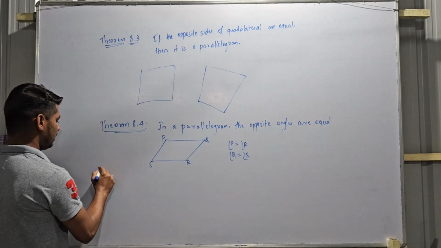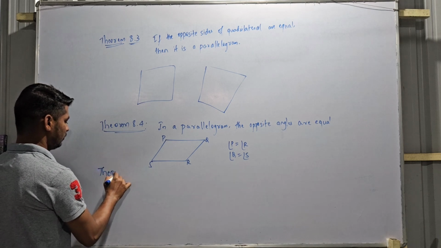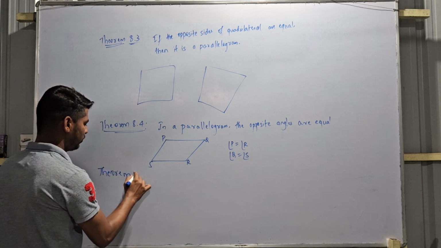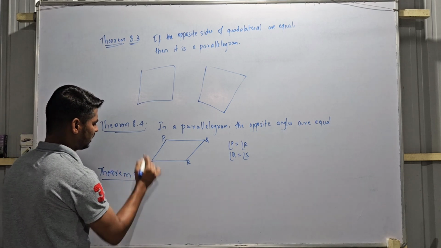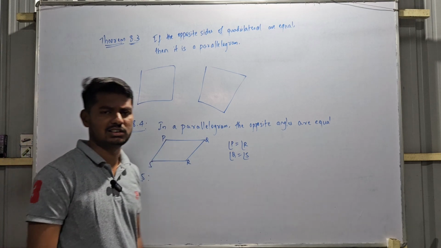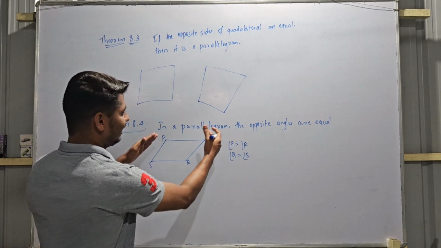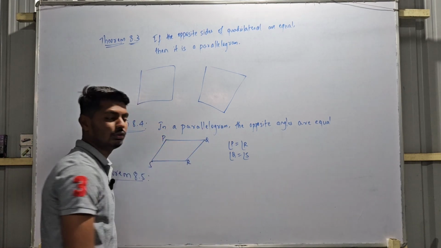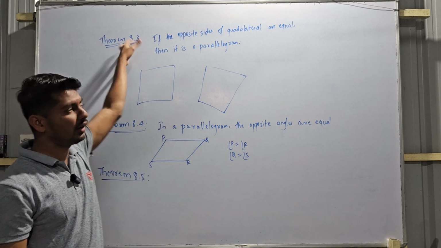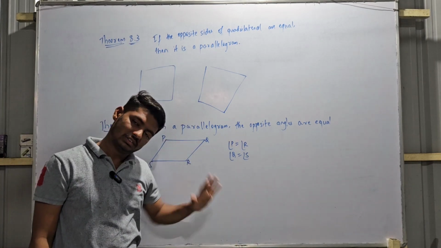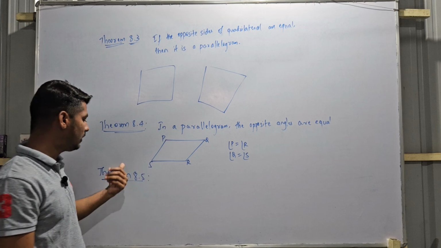So again we have theorem 8.5. Okay, theorem number 8.5, what it tells, again the converse of 8.4. As we saw, 8.3 is the converse of 8.2, so this is also the converse of 8.4.